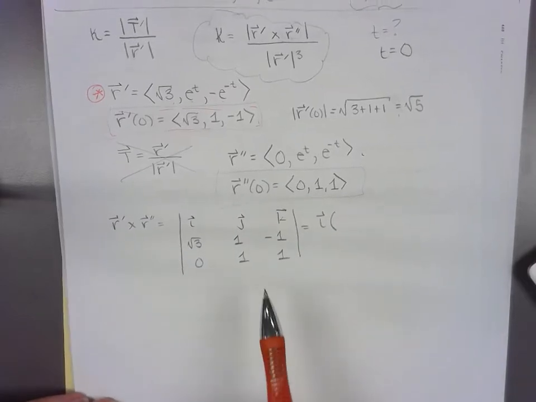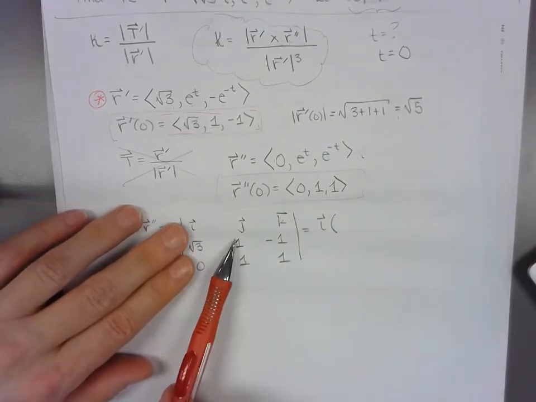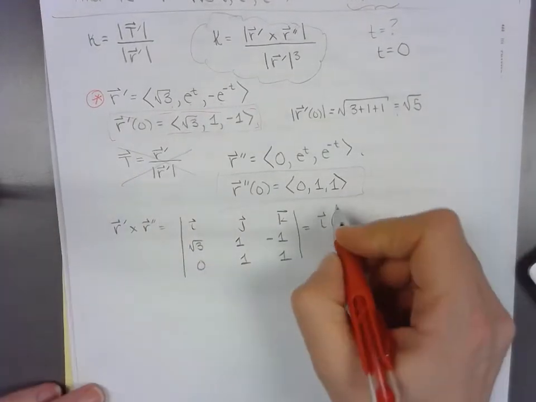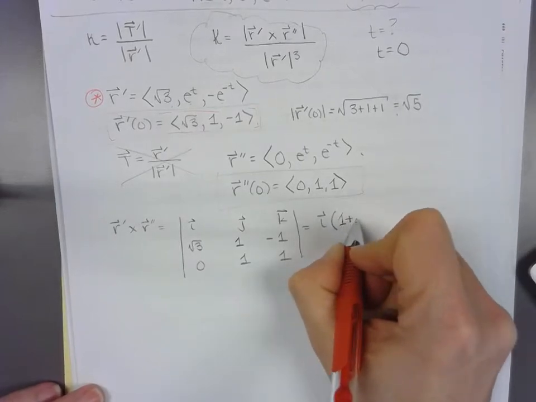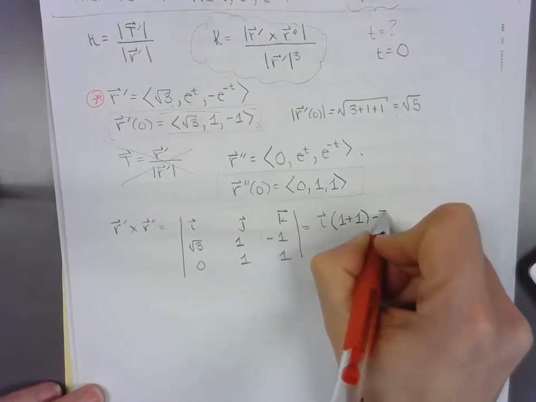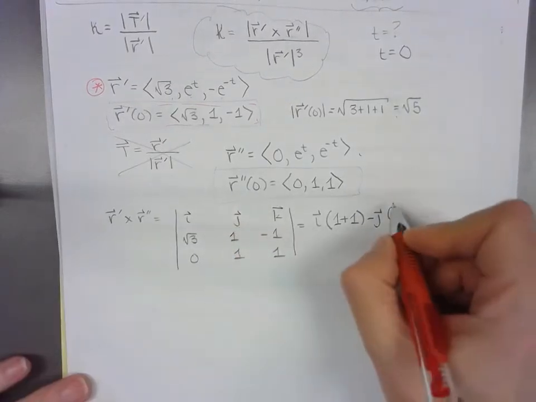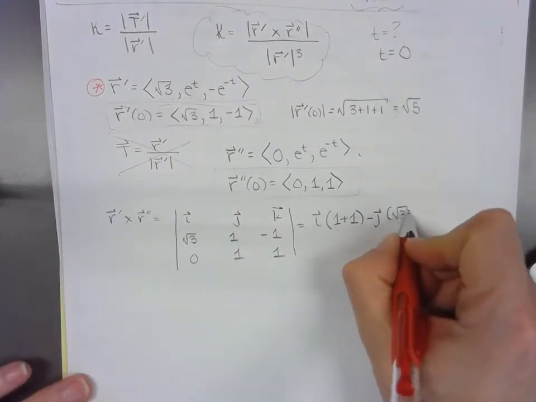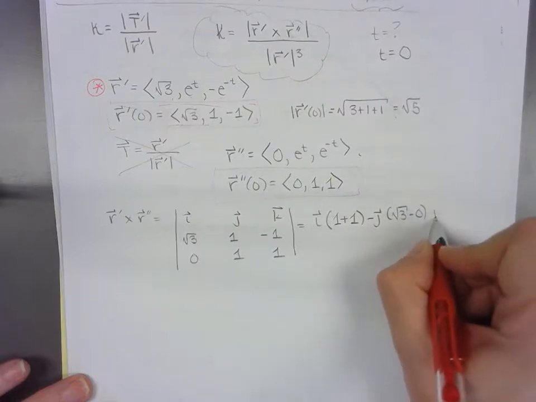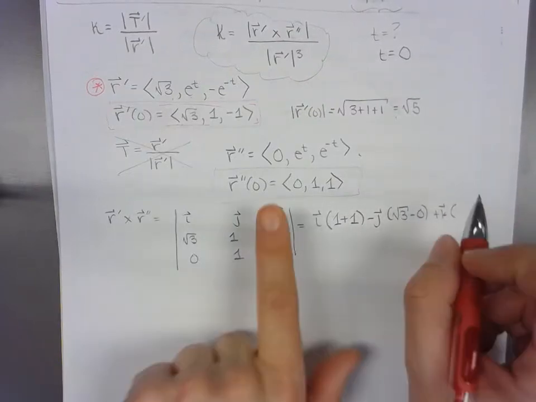Okay, so the i is 1 times 1 minus negative 1. So that would be 1 plus 1, minus j times square root of 3 minus 0, plus k times square root of 3 minus 0.